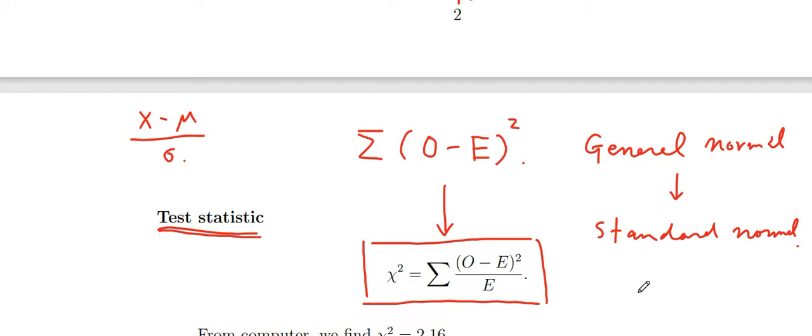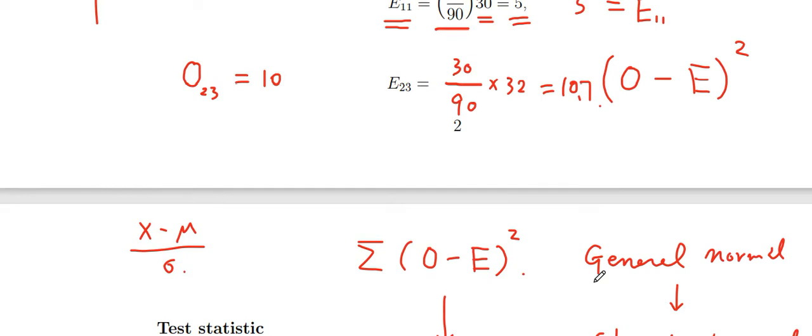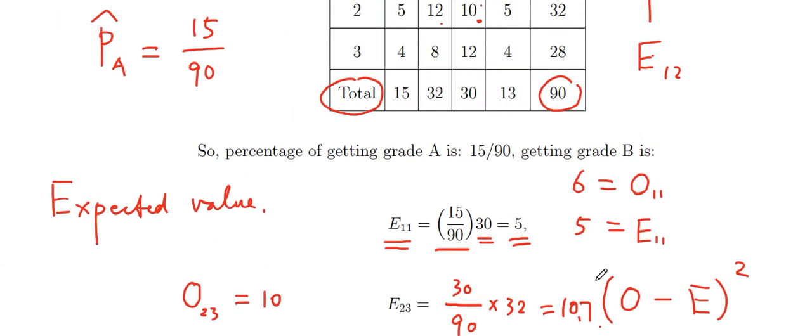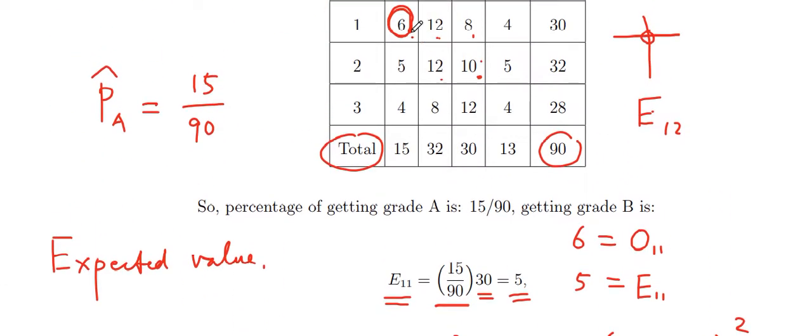So this formula is each observed value minus expected value, squared, then divided by E. Let's say for the first cell, the observed value is 6. So we take 6 minus the expected value 5, squared, over 5.